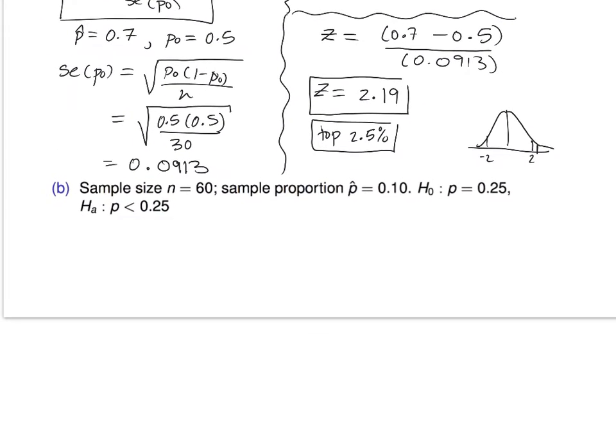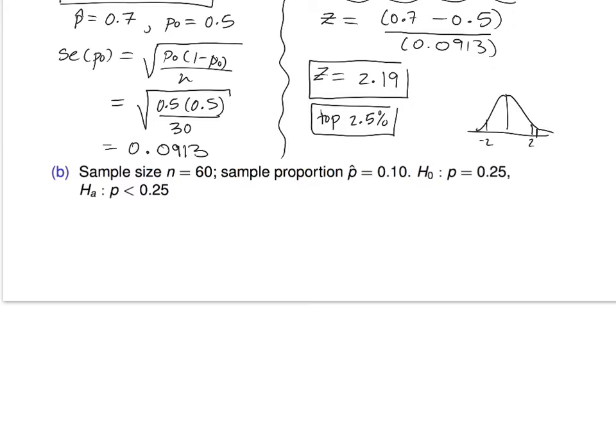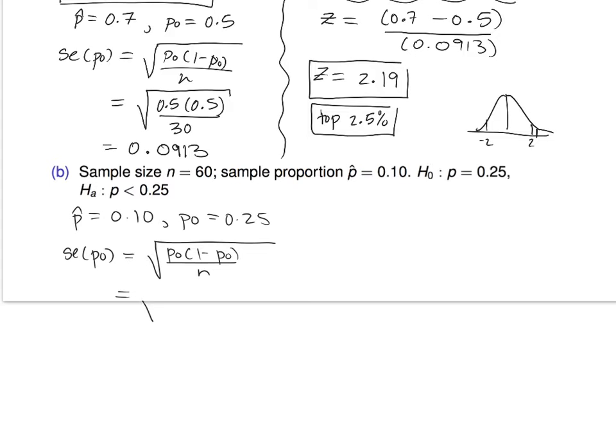How about you do the next one, because this one's not all that different. Anybody else get 0.0559 for standard error? Yes?